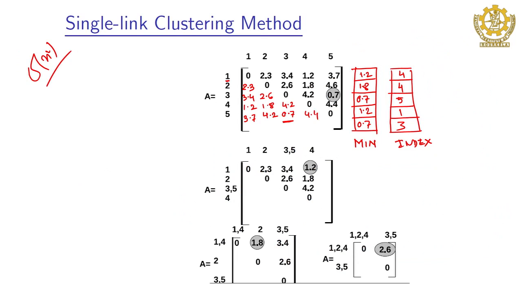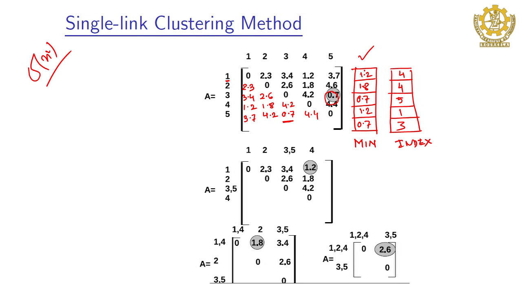How do you find the two closest clusters? In the other algorithm, you have to search the distance matrix for the minimum, so you search n square points. Now, in this technique, instead of searching the matrix, we search this array. This array size is not n square, it is n. Therefore, searching time is reduced from n square to n.